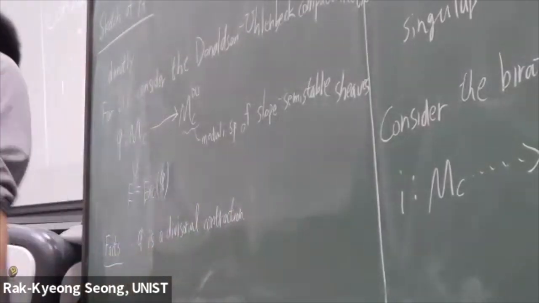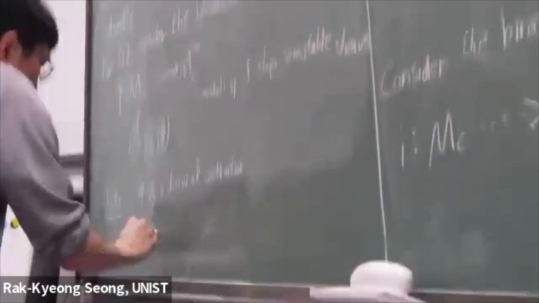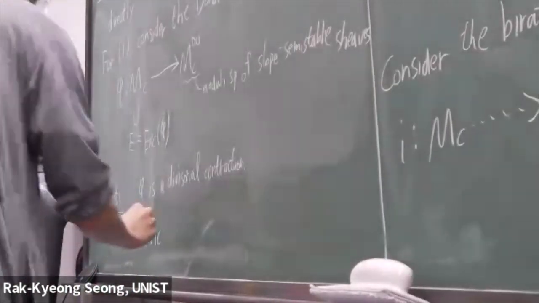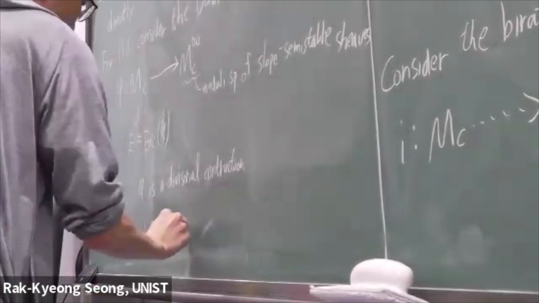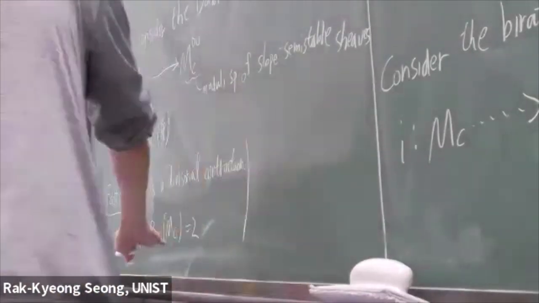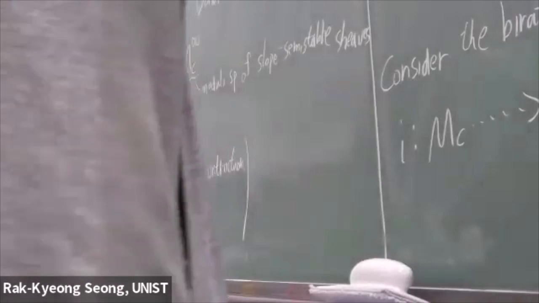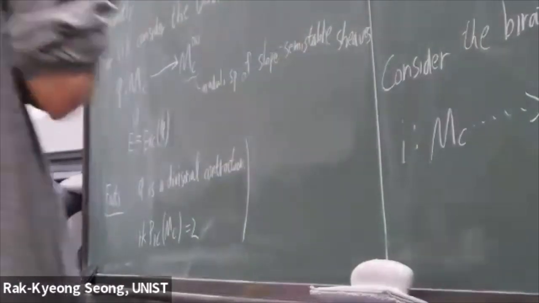And secondly, the rank of the Picard group of the moduli space is equal to 2. This second one is just a consequence of the assumption that the Picard rank of S is 1.